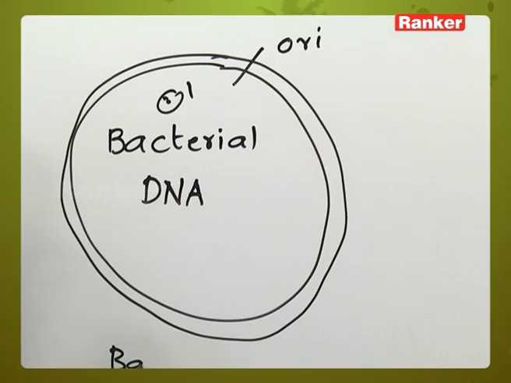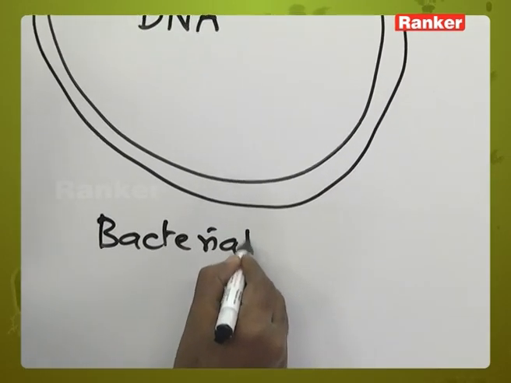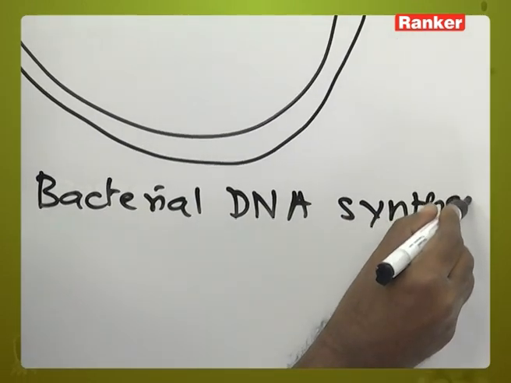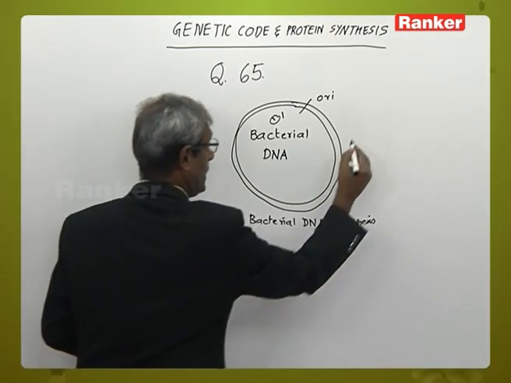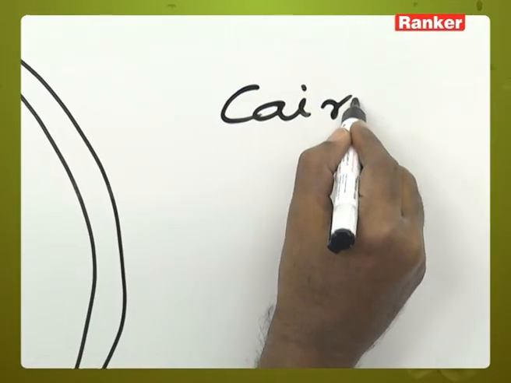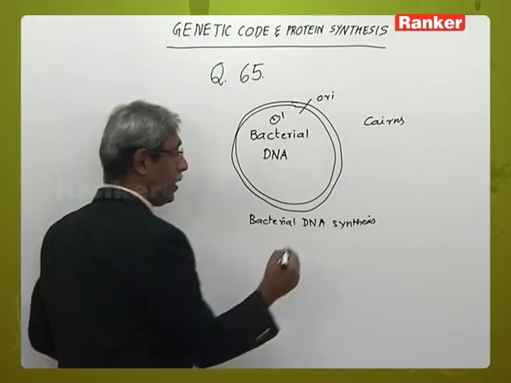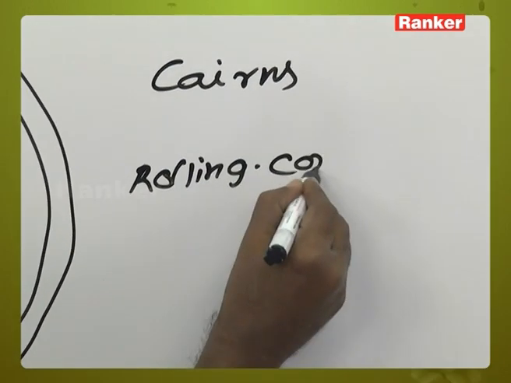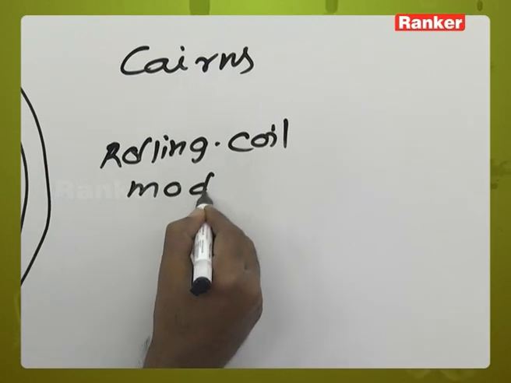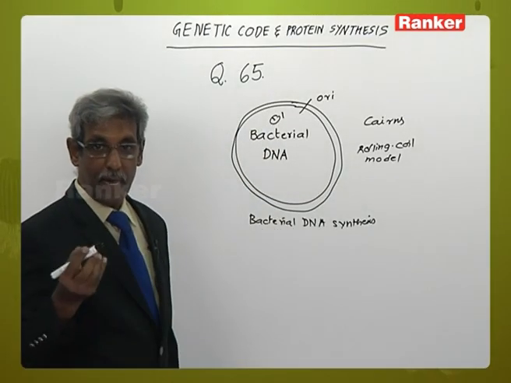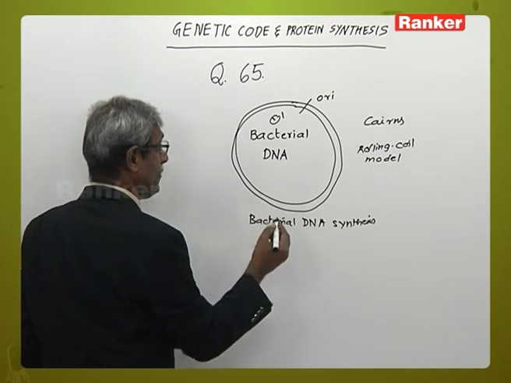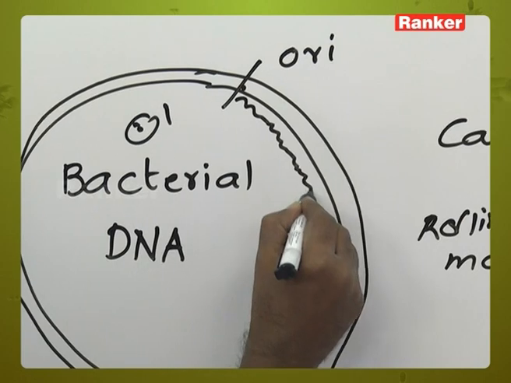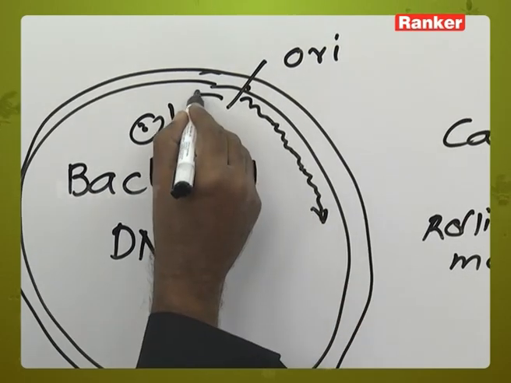During bacterial DNA synthesis, which has been studied by Cairns and often called the rolling coil model, new strands are synthesized in such a way that from the point of origin it moves on either sides.